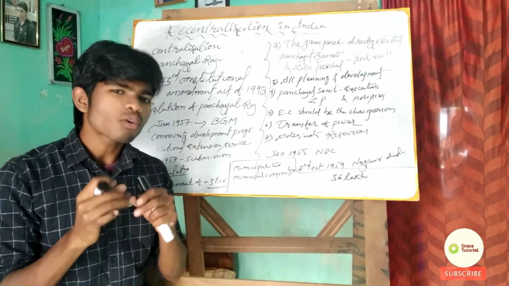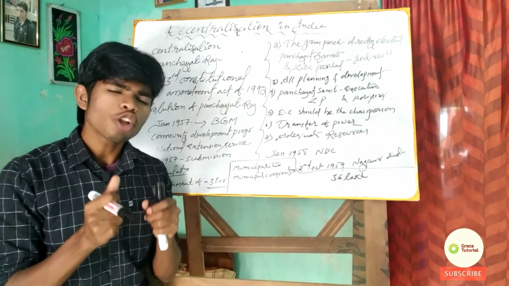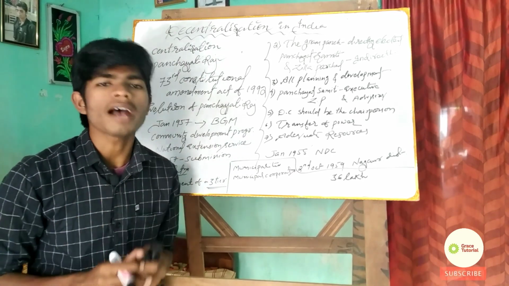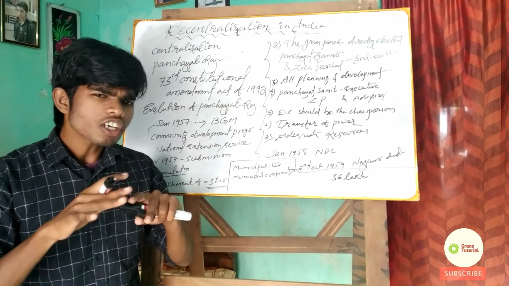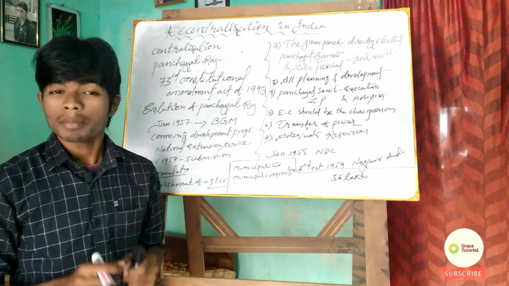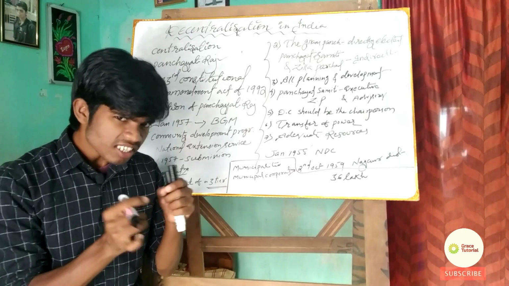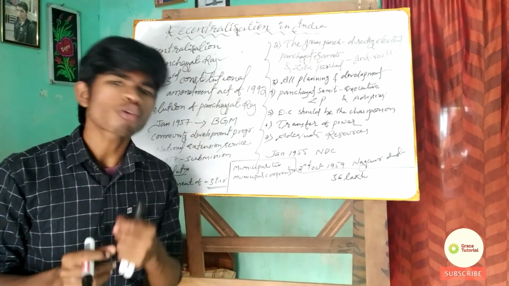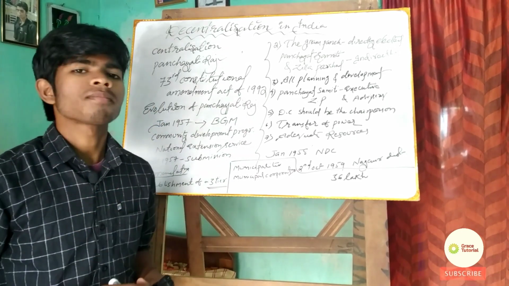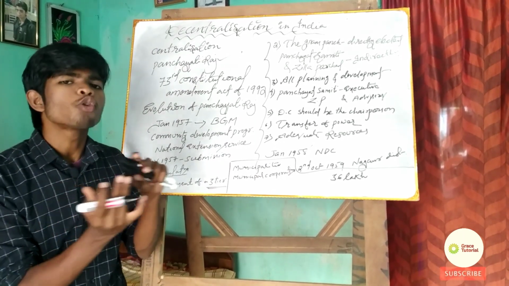The term Panchayati Raj in India signifies the system of rural local self-government in India. It was established in all the states of India by acts of the state legislatures. But you need to understand why this was established. This was established to build democracy at the grassroots level, and it was entrusted with all the developmental activities in the rural areas.